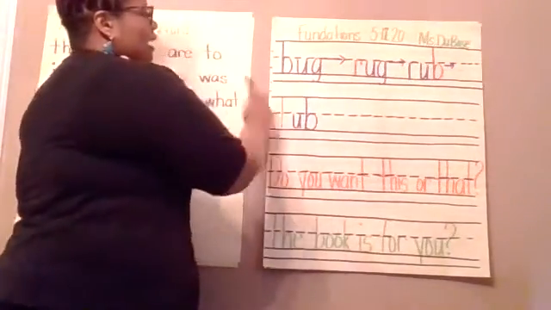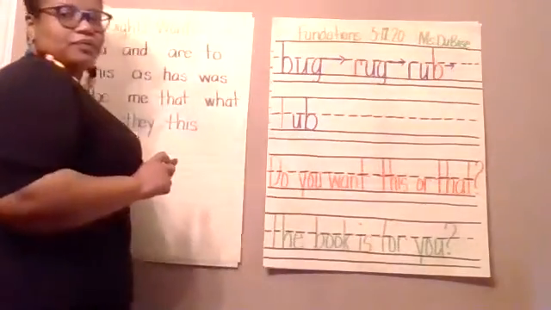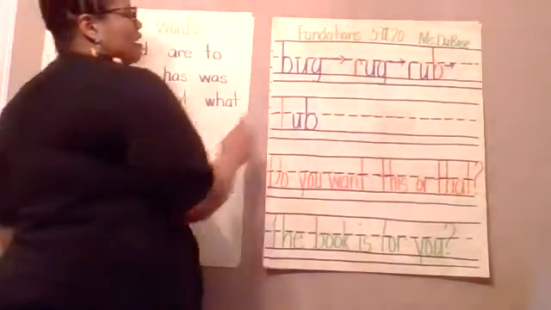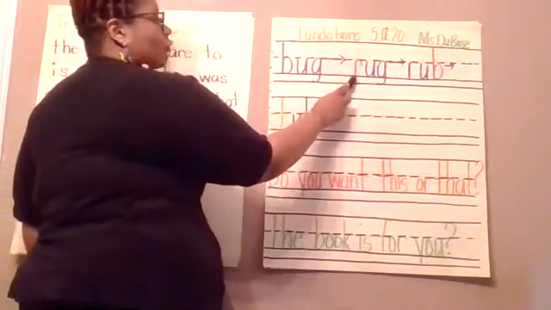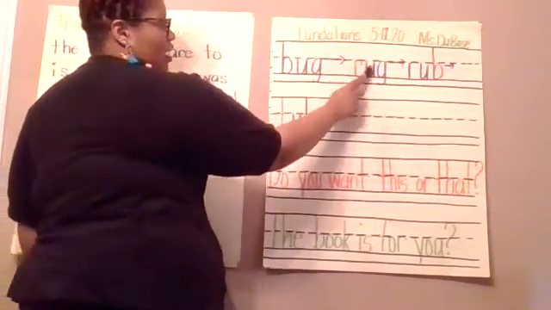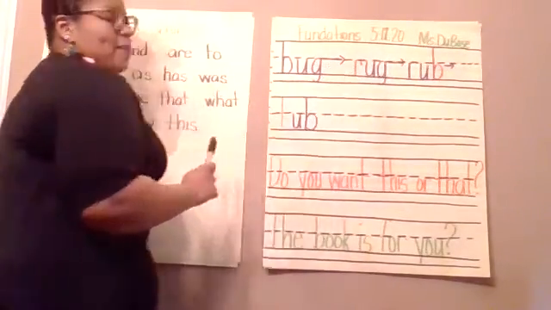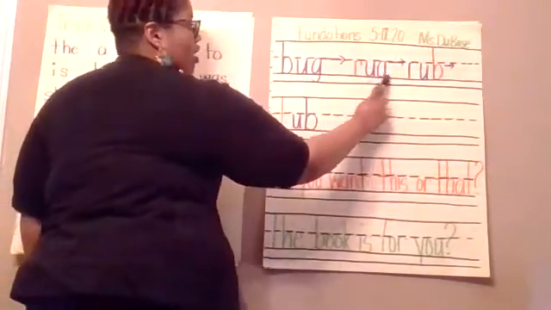So who can tell me, how did I go from bug to this next word? I took the B sound and replaced it with the R sound. I brought over the U and I brought over the G. So if I tap this new word out, it is rug, rug.